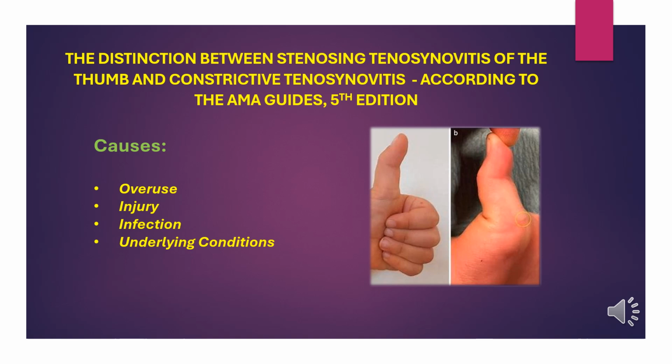Also, just an actual injury to the area itself, which would be a trauma to the tendon or the sheath that would result in an inflammation or a constriction as well. Also, infection. In some cases, an infection can cause an inflammation and a narrowing of the tendon sheath. And you also need to keep in mind there may be some underlying conditions, such as rheumatoid arthritis or diabetes, that can increase the risk of developing constrictive tenosynovitis.